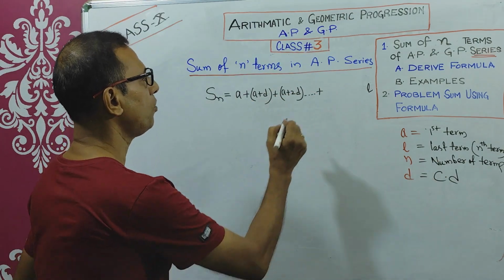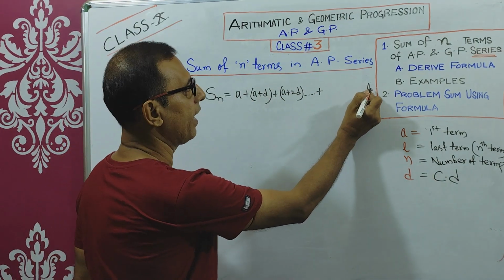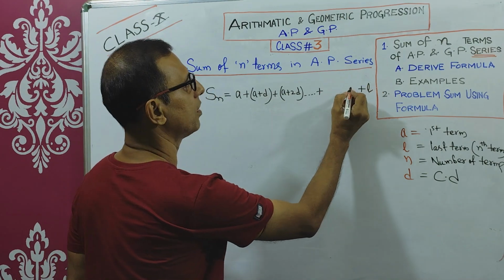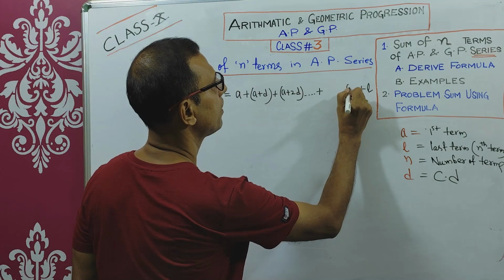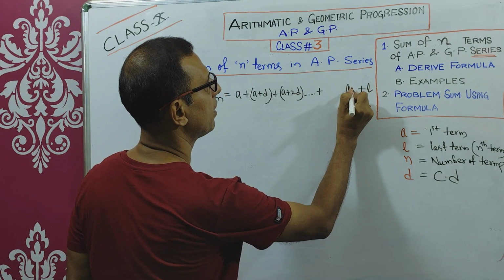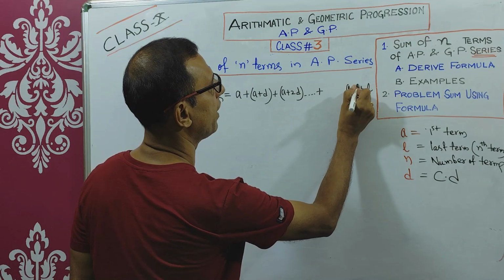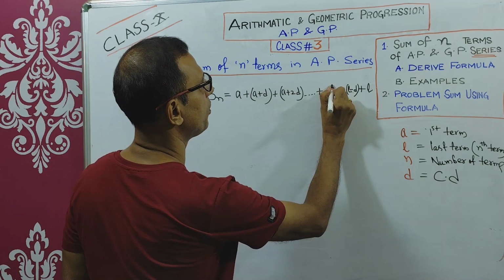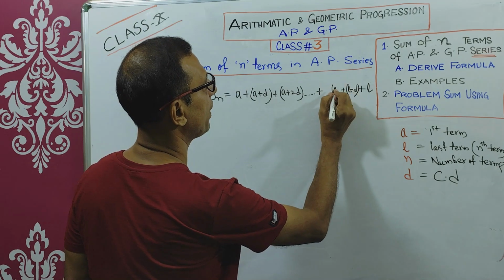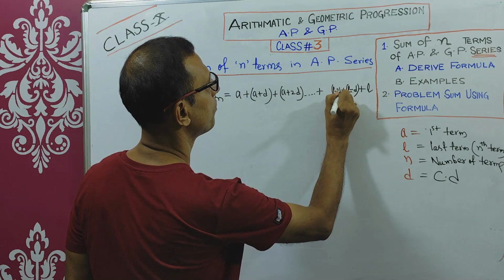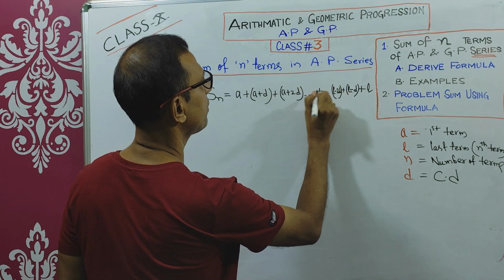So, now if the last term is L, in that case the predecessor to the last term is L minus d. Last term is L, so the predecessor is L minus d, then the predecessor of L minus d is L minus 2d, right?